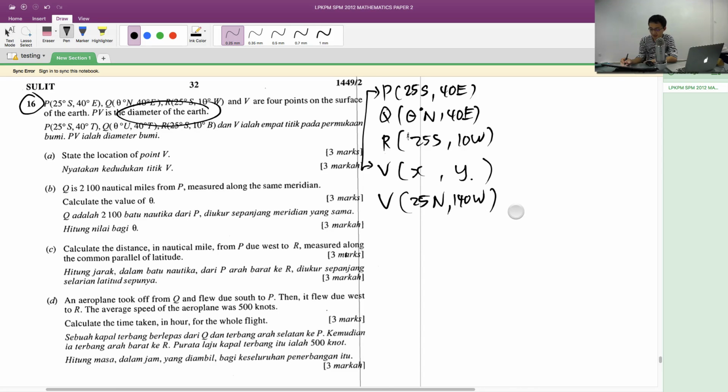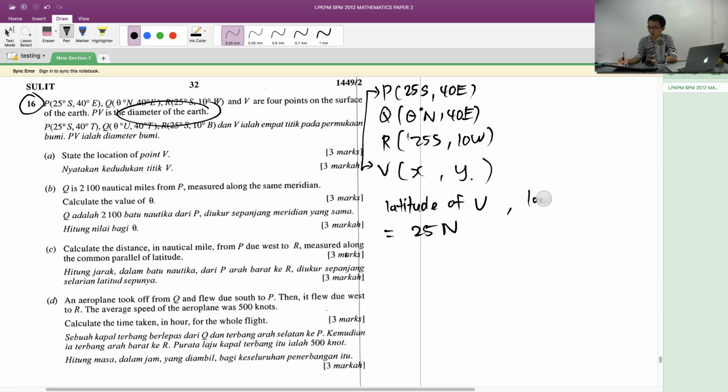Alright, like this they give you 3 marks. Of course, in the exam, please do something lah. I mean, yeah, you need the examiner to give you marks. So the first one you just write nicely, latitude of V equals to 25 north.